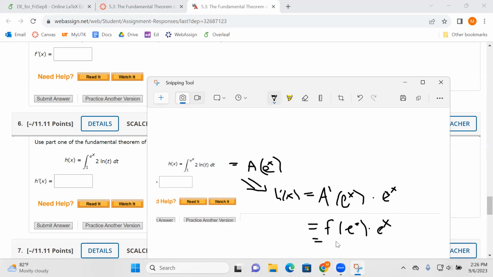So putting this all together, I get 2 ln e to the x times e to the x. That last times e to the x is from the chain rule. The 2 ln e to the x is taking the derivative of our accumulation function, namely the function on the inside, and evaluating it at e to the x using the chain rule as well. So that's the idea there.